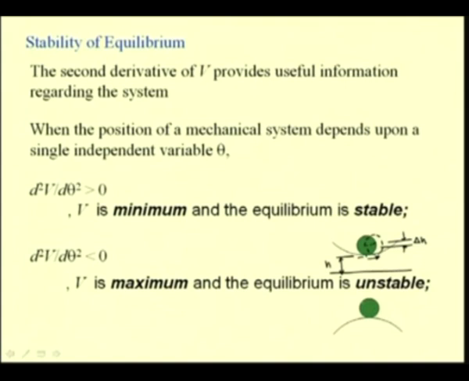but if it is displaced by small amounts, say it is moved from this position to this, there is a small change. In the earlier case we saw that the Cg rises.